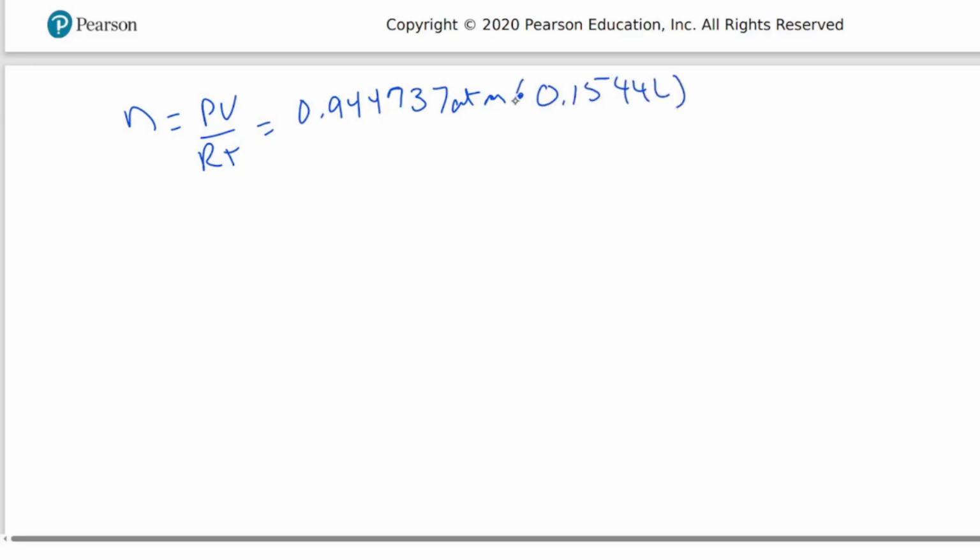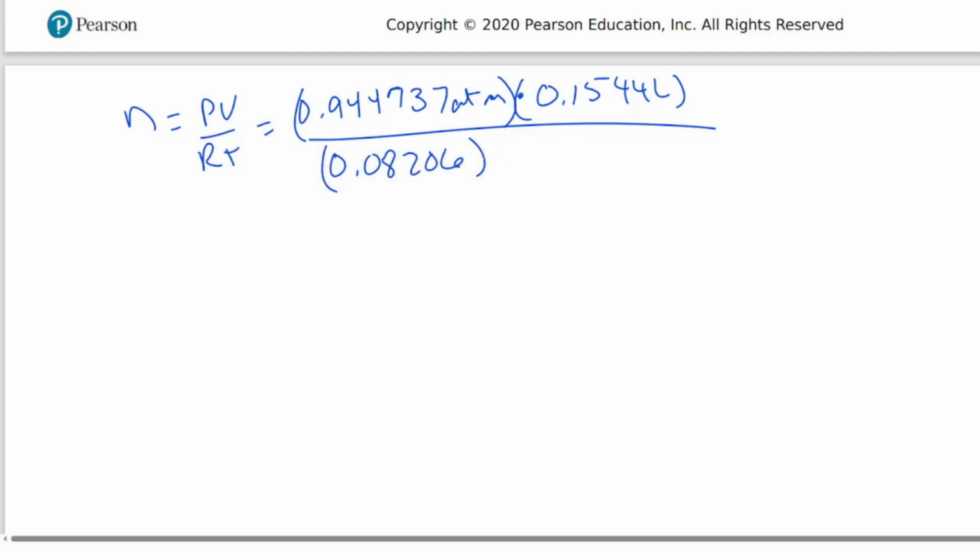Now, we can use the PV equals nRT equation, where n is equal to PV over RT, so that's equal to 0.944737 atmospheres times 0.1544 liters divided by R, which is 0.08206.